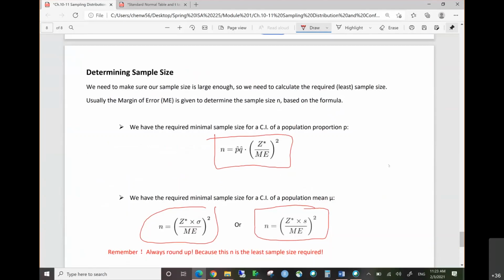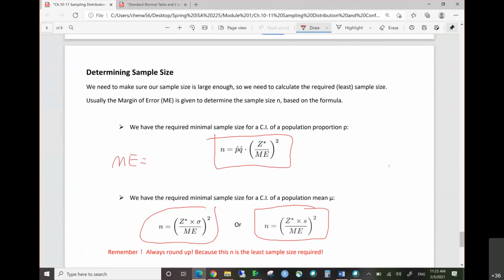You need to determine the sample size before you have the true sample, to know what will be enough. For example, I want my confidence interval as accurate as possible, which means you want the margin of error as small as possible. Before you calculate your confidence interval, you want to limit your margin of error.